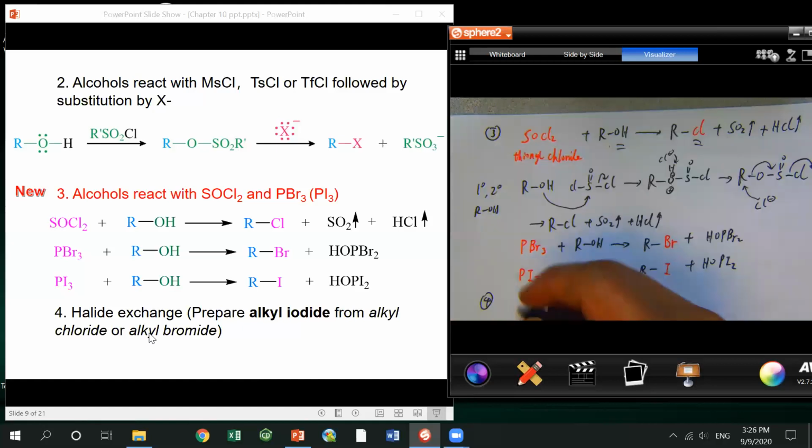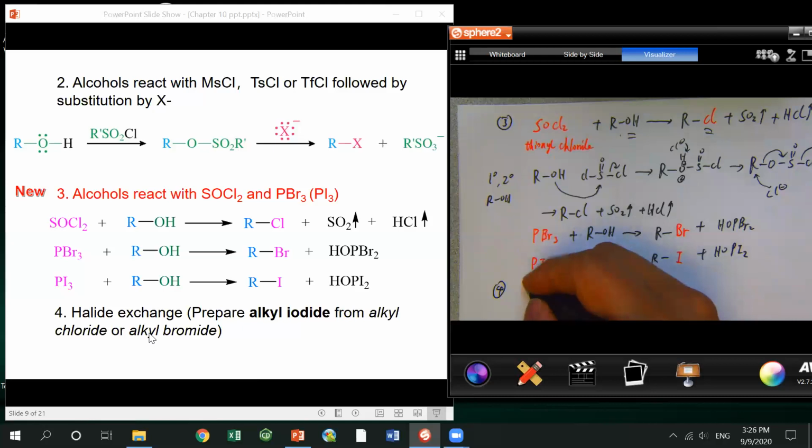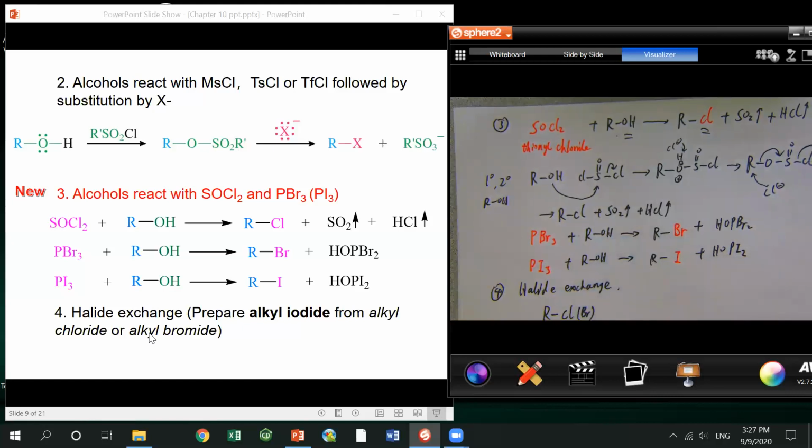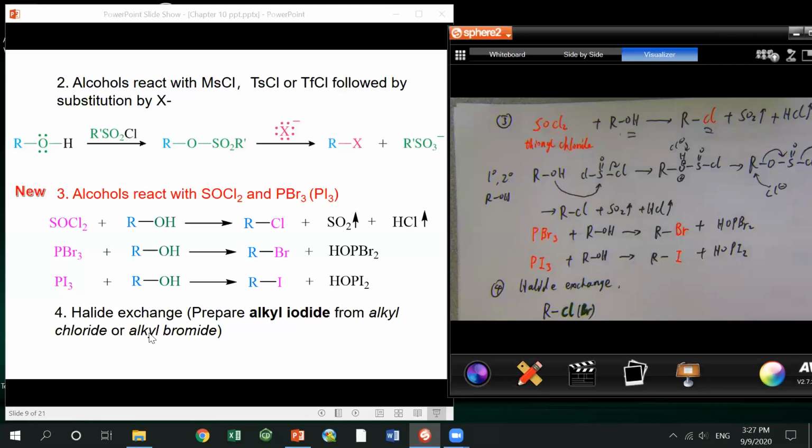The last one we call the halide exchange. Let me show you what's going on. You have the alkyl chloride or alkyl bromide. Maybe I'll use a color pen to show the leaving group.